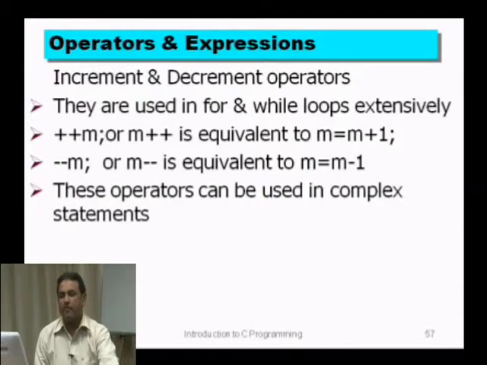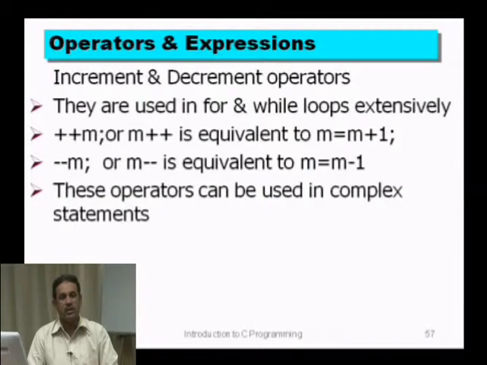Increment and decrement, where are they used? They are very widely used in for loops and while loops, which we will be discussing in later sections. Whenever you want to repeat a statement n number of times, we call that a looping statement.